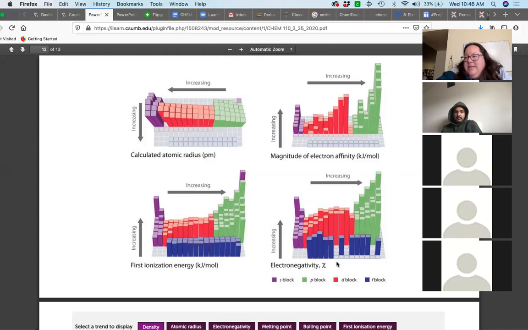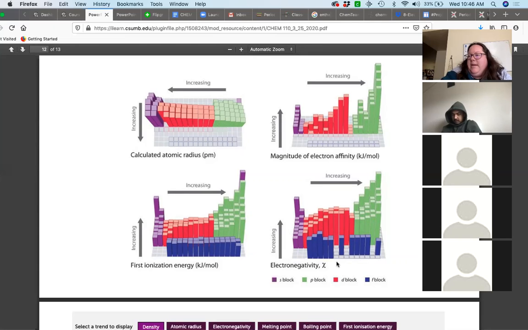So electronegativity is the ability of an atom to attract electrons from outside itself to itself, whereas electron affinity is the amount of energy that's released whenever we're gaining an electron. So it's really easy for folks to mix up or confuse those terms. So let's take a minute and make sure that we have a clear working definition for those in our notes.